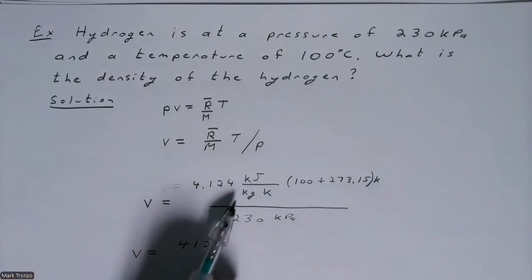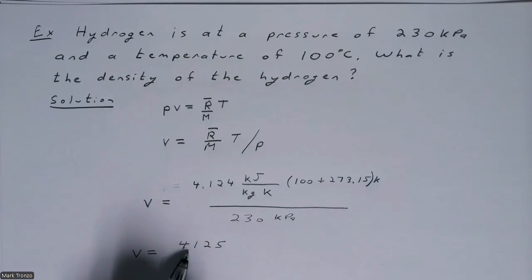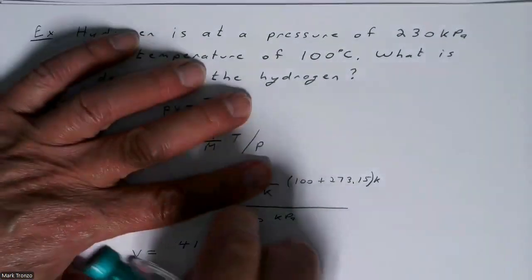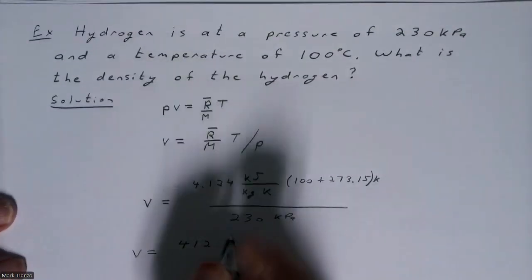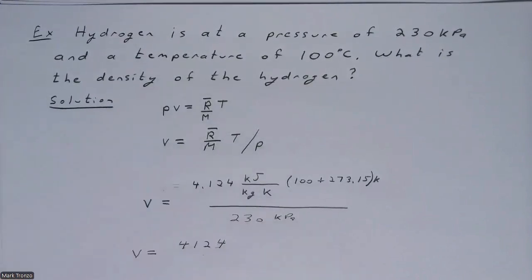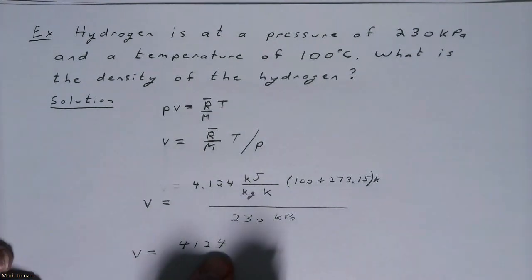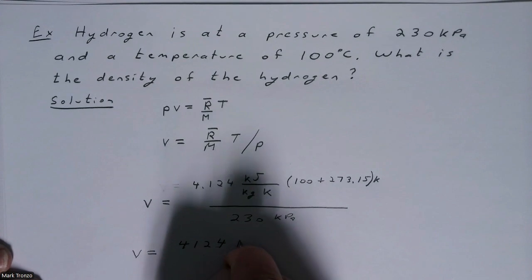Now, kilojoules is 1,000 joules, so we can change that to 4124. And remember, a joule is a Newton meter.